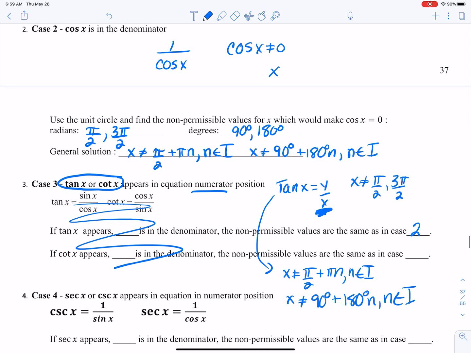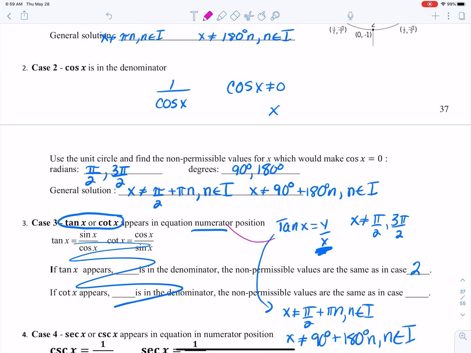Now for cotangent, I'm just going to do that up here. We know that cotan is equal to x over y.